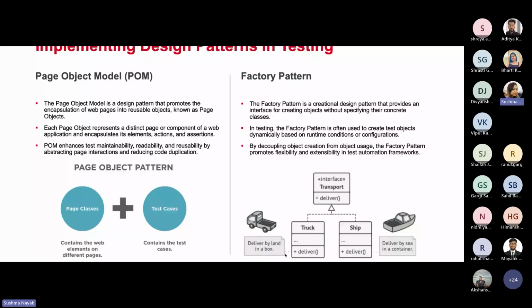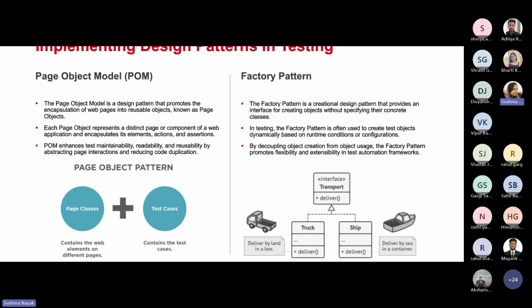The functionality is there, but it will be modified according to its use, so that it will be a land box and it will deliver by sea. So it will be calling this function, and then modifying it according to its use, so that transporting will be done through sea. So this is what we call a factory pattern.